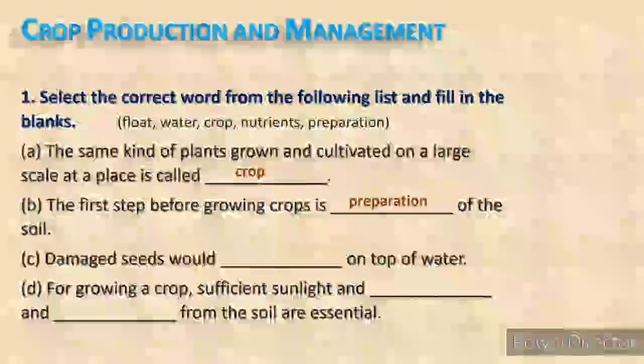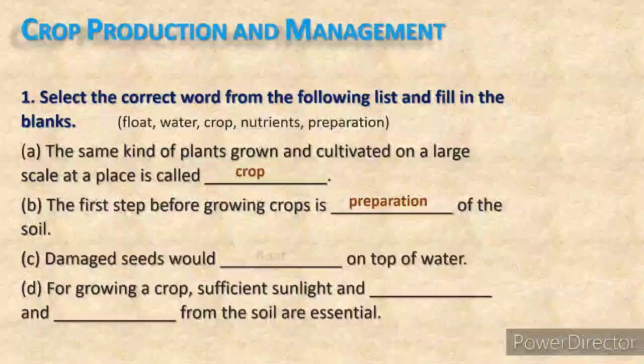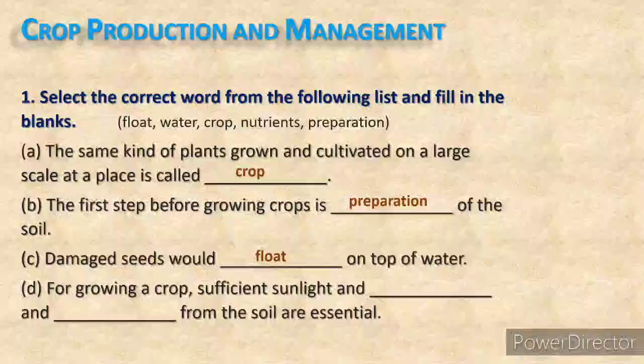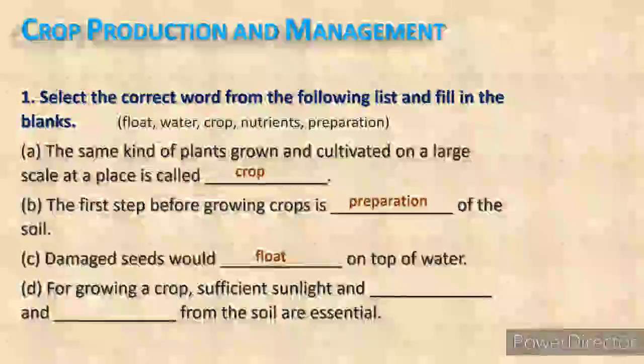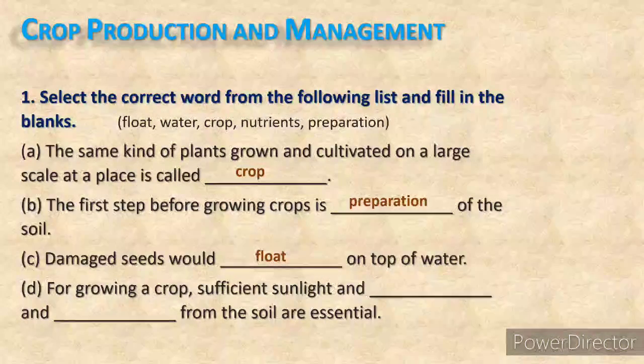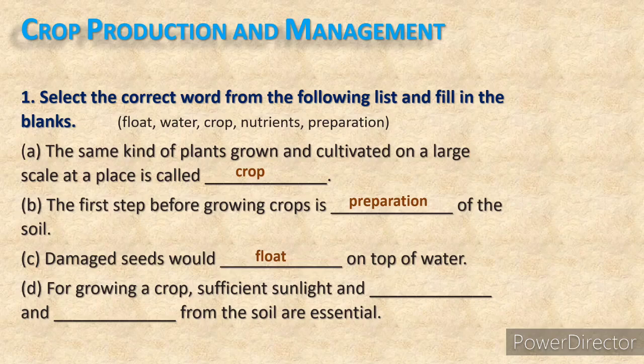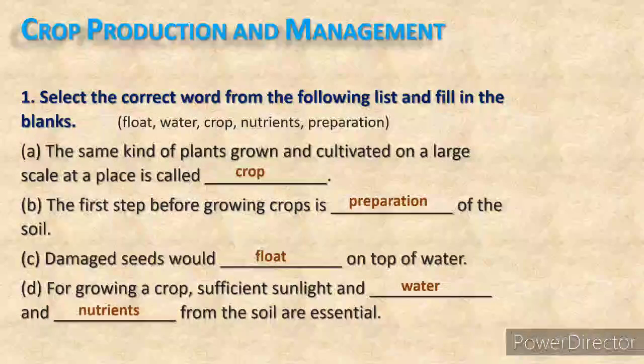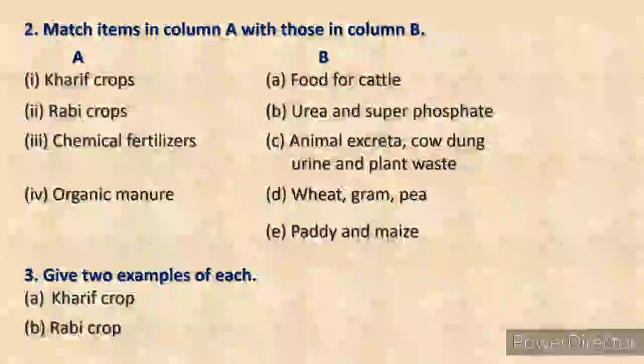Next one is, damaged seed would float on the water, obviously, because any damaged or rotten pieces build some air in them by bacterial formation. Next one is, for growing a crop, sufficient sunlight, water, and nutrients from the soil are essential.